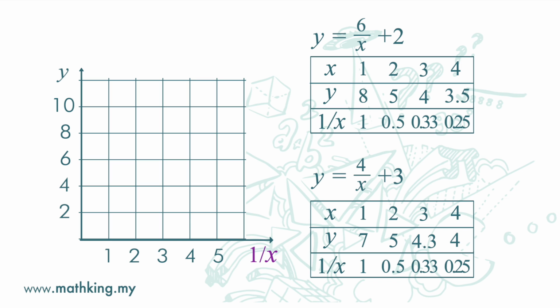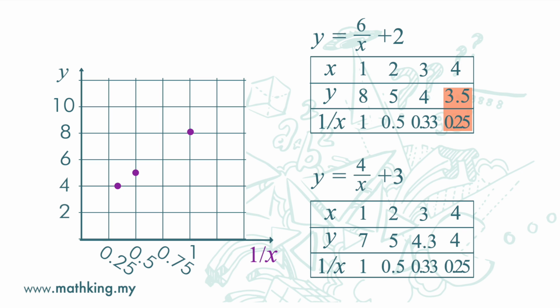Now we are going to plot the graph for the first one. But we need to change the scale for the horizontal axis to from 0 to 1. When 1 over x is 1, y is 8. When 1 over x is 0.5, y is 5. When 1 over x is 0.33, y is 4.